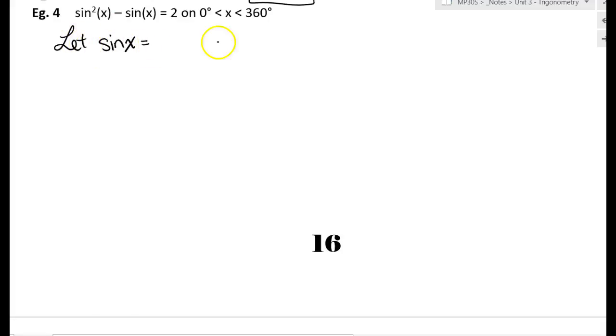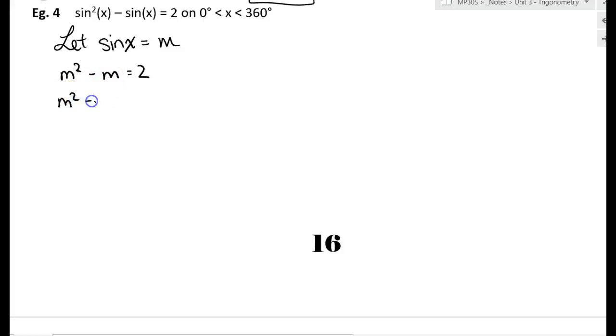So we've got sine x equals, we'll call it m this time. What the heck? So we've got m squared minus m equals 2. Well, dealing with a quadratic, to solve for my variable, I'd want to isolate everything on one side.